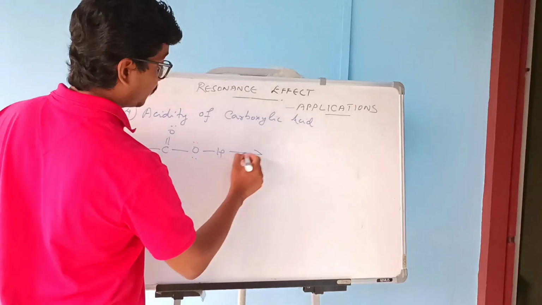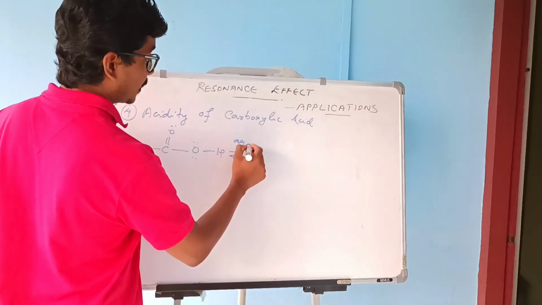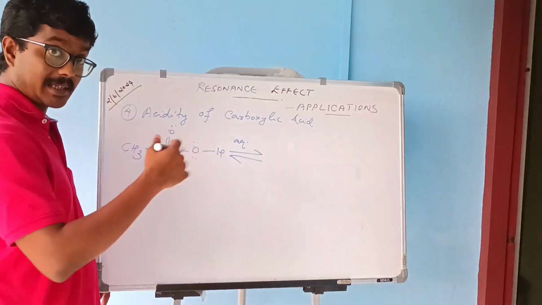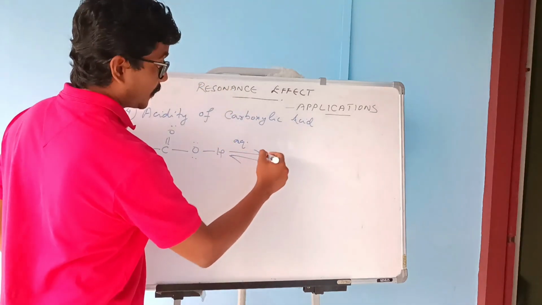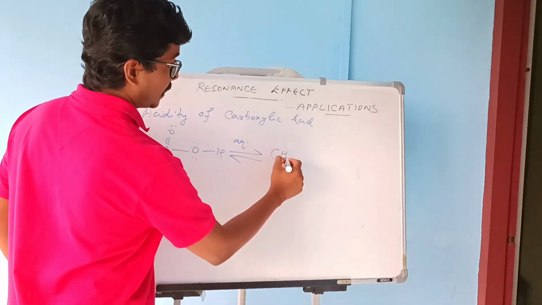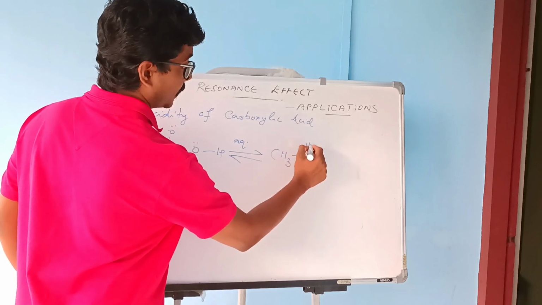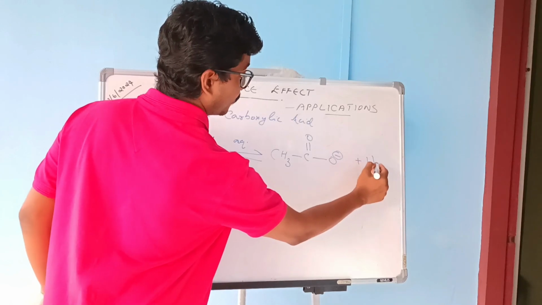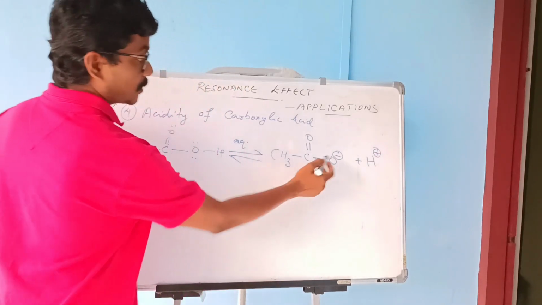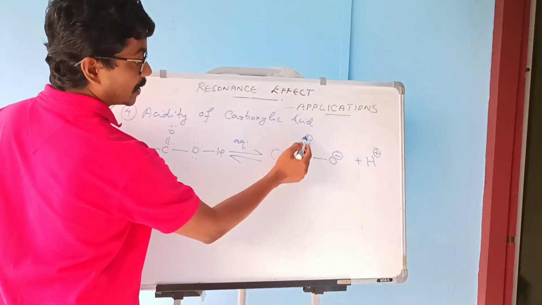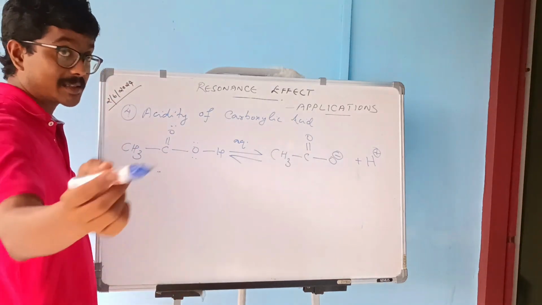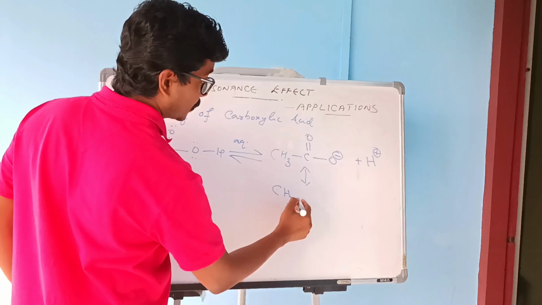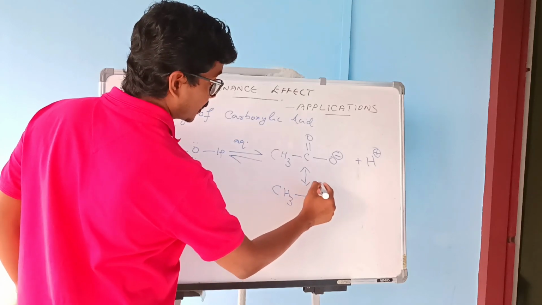In aqueous solution, in water, this H plus ion will be immediately released. As a result, the carboxylate anion is formed. So a negative charge is in an alternate position with a double bond, so resonance is possible. This carboxylate anion readily goes to resonance.